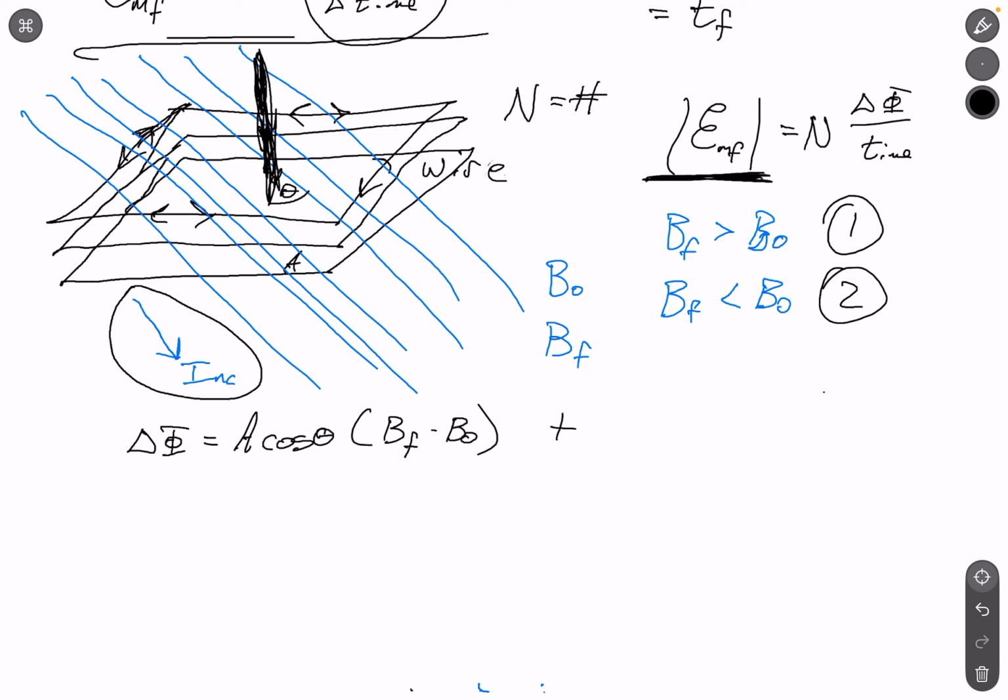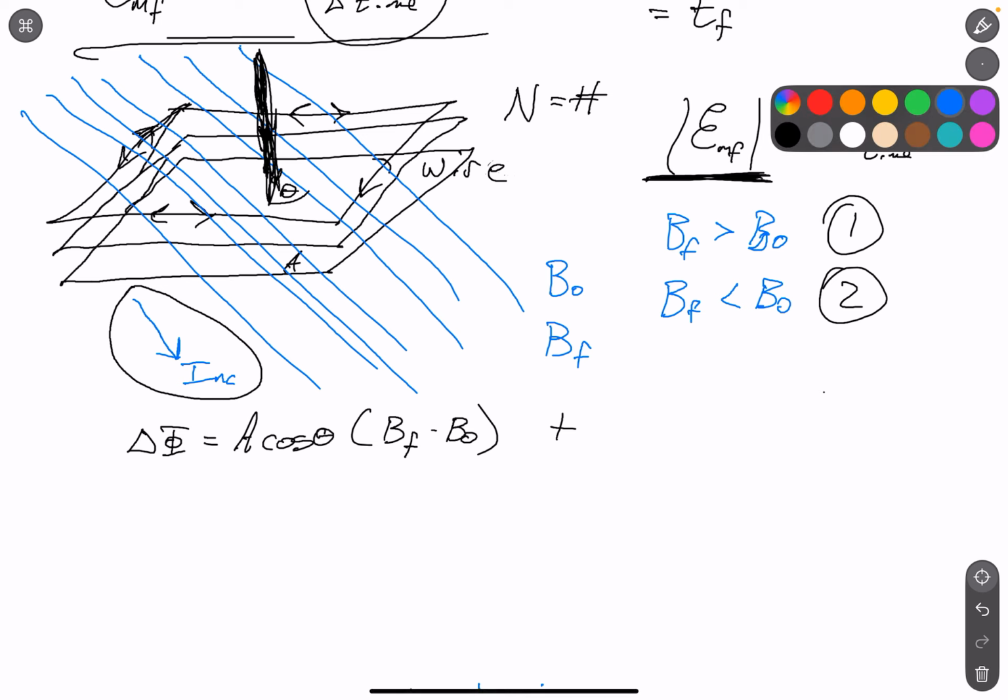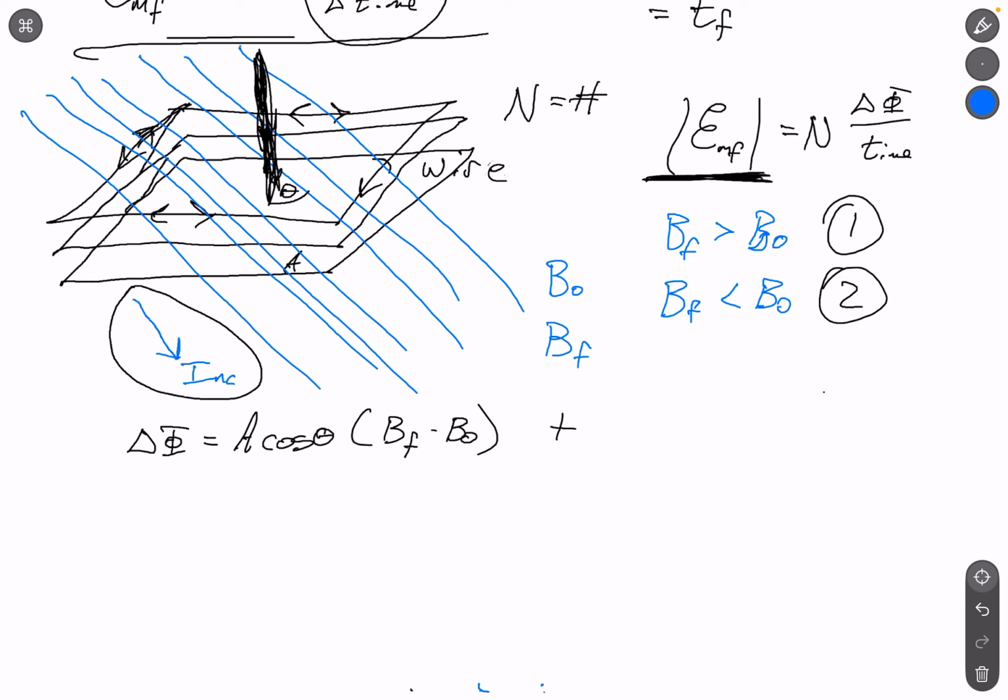So what happens? If it's opposing the increase, then that means that the B field that gets created is actually going to be going in the opposite direction. Okay? So this is our induced B field, B induced.